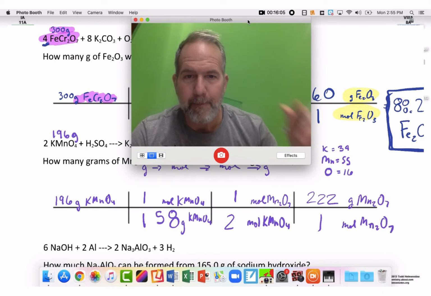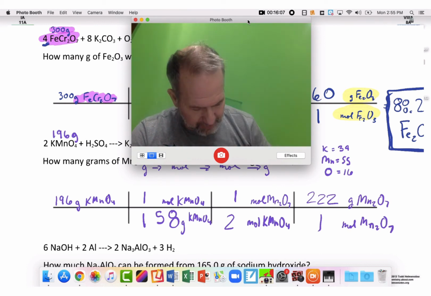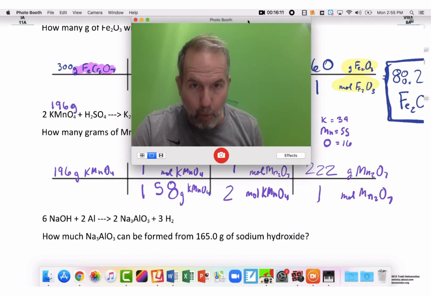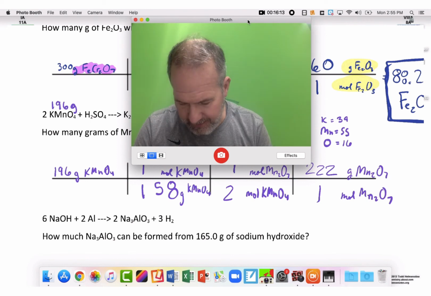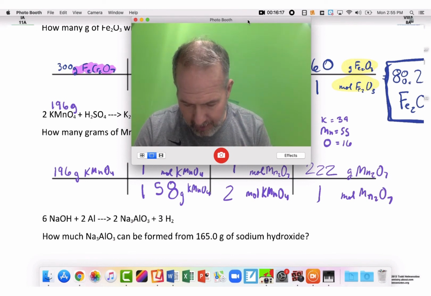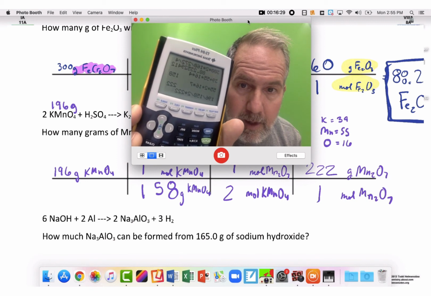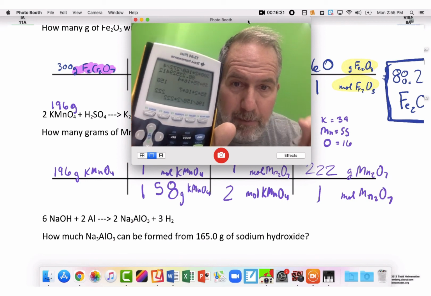Okay, now let's do this. 196 divided by 158 divided by 2 times 222. All right? This time I put the bottoms on first.